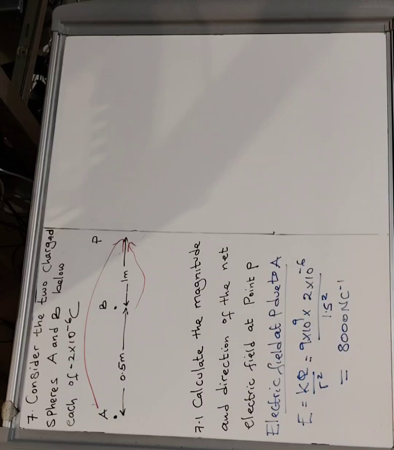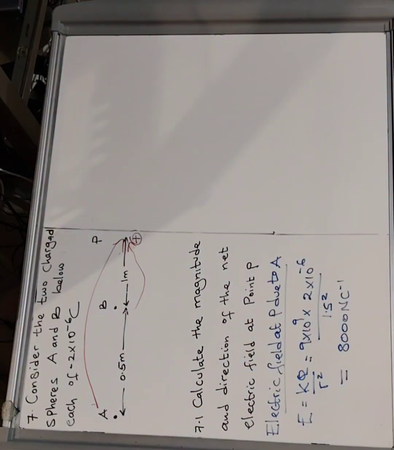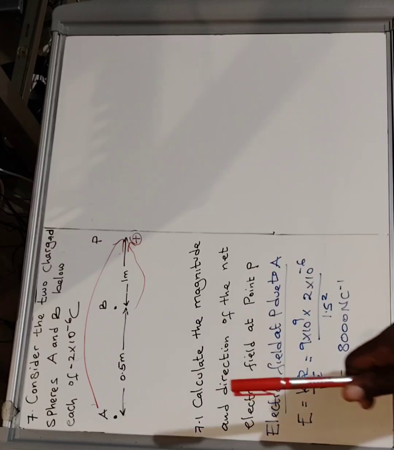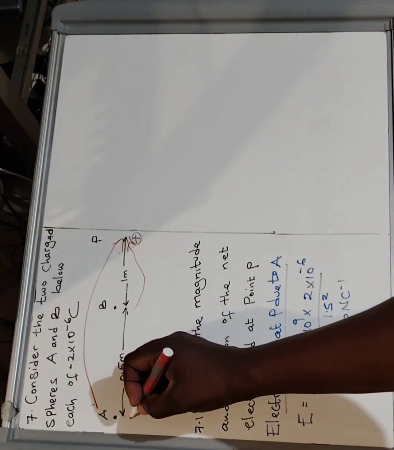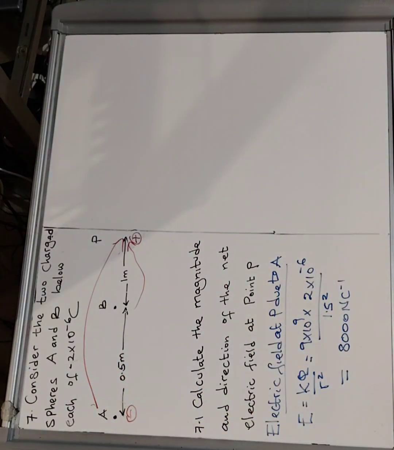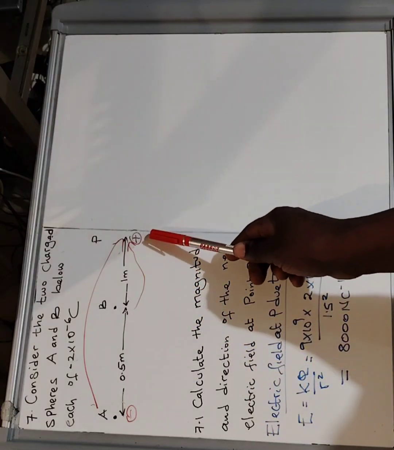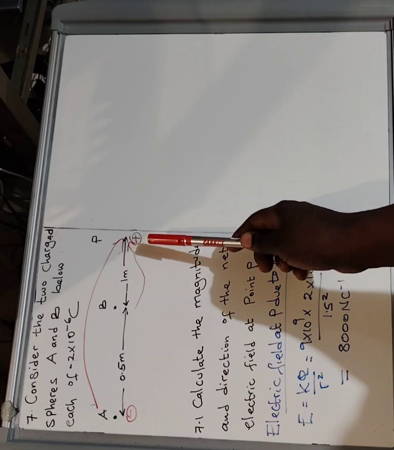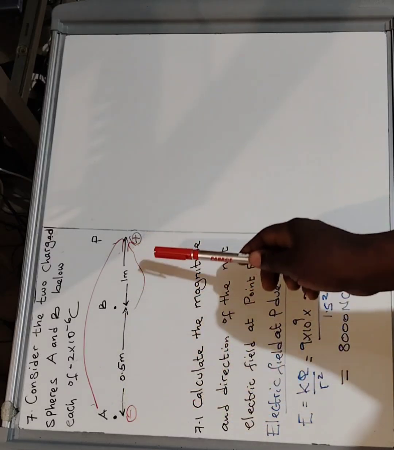So what is next is going to be the direction. I want to remind you that point P is positive, like any other test point, and we know that A is negative. So what do we see here? Remember, it's point P which is going to move. So where does it move? It's attraction, because they are oppositely charged.